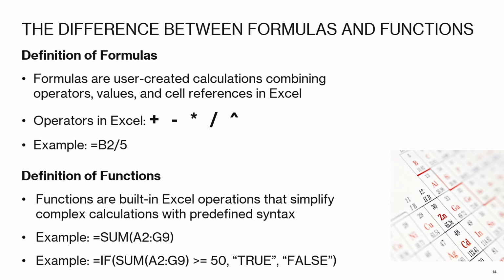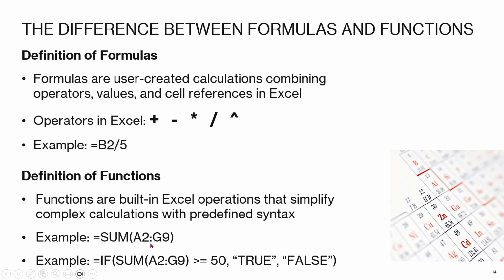Each formula comes with its own set of predefined syntax and parameters that are needed. And so as long as you put in the right information, then you will get the right results out of your function. So this is one of the simpler ones, equals SUM. We're going to see this one a lot.